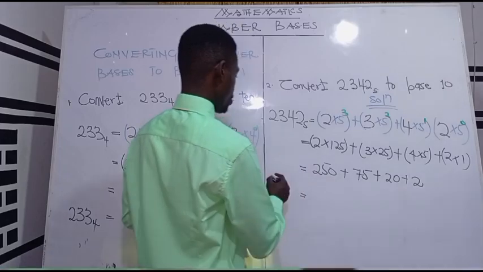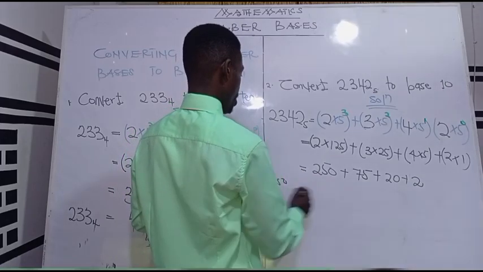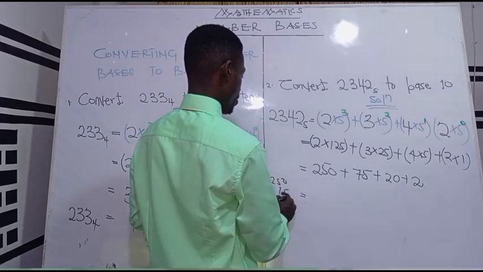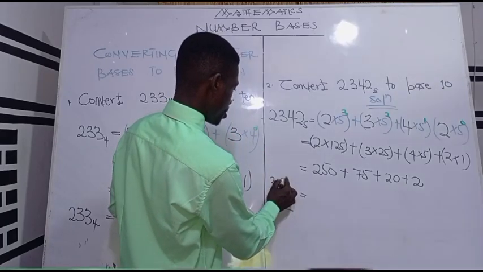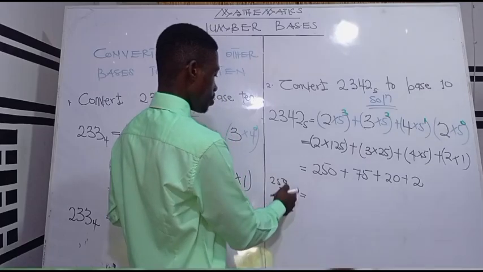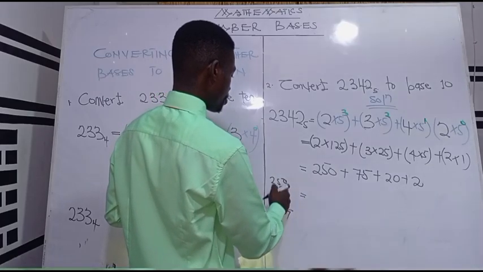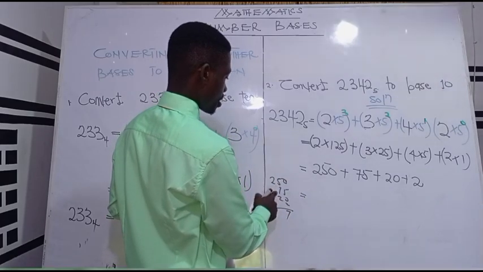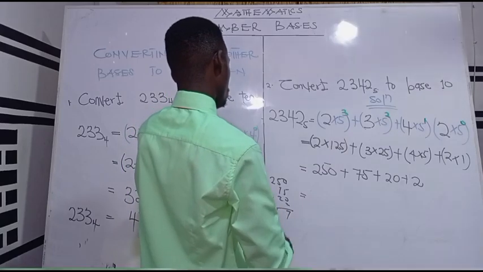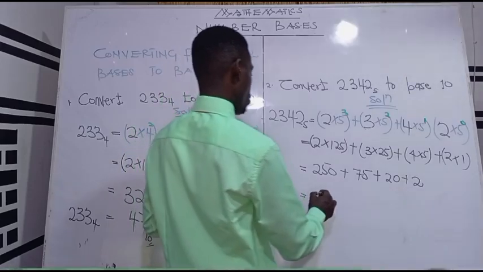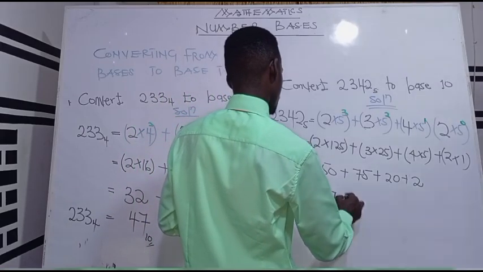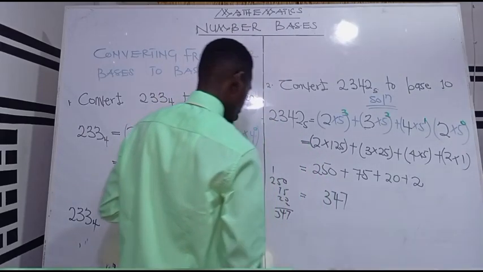So let's do it. We have 250, we have 75, we have 20, and then 2. So we have 0 plus 2... the sum of the units and tens gives 7, then 5 plus 7 is 12, carry 1. So we have 347.